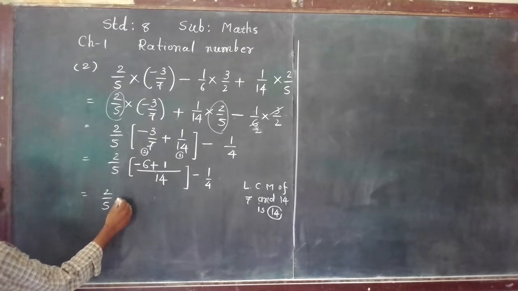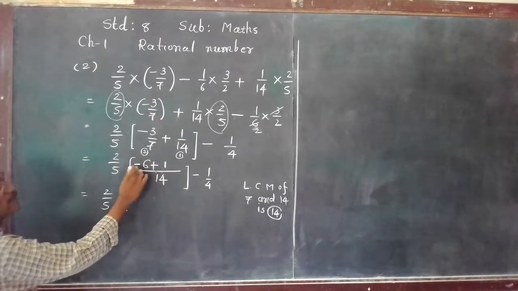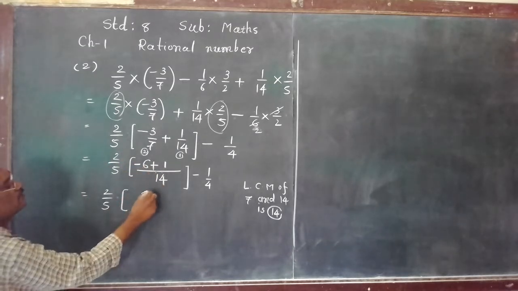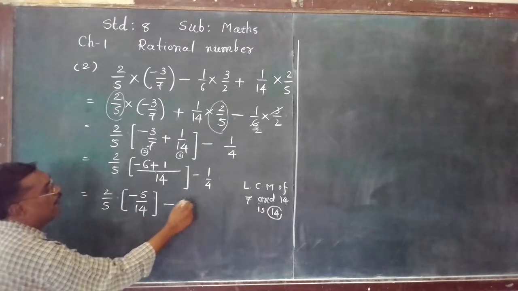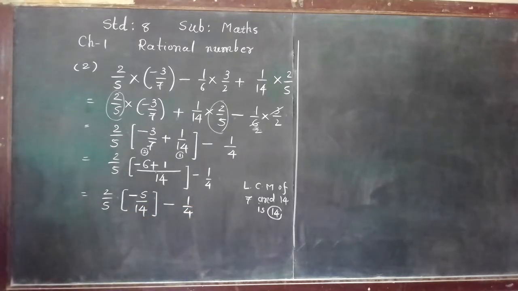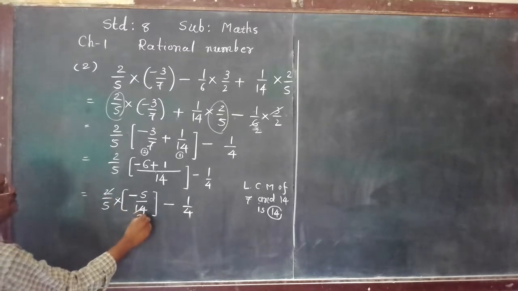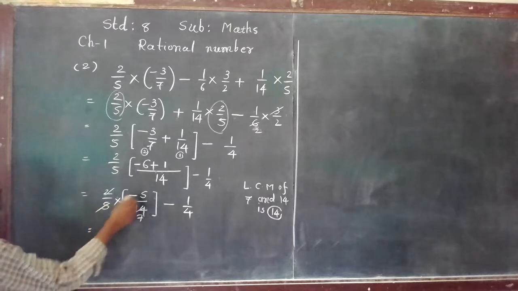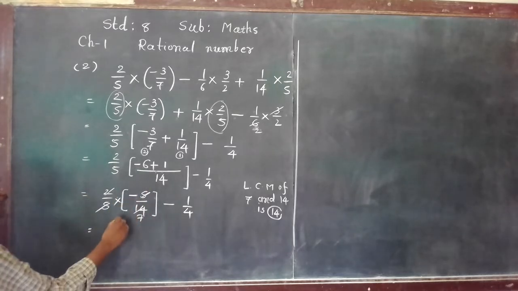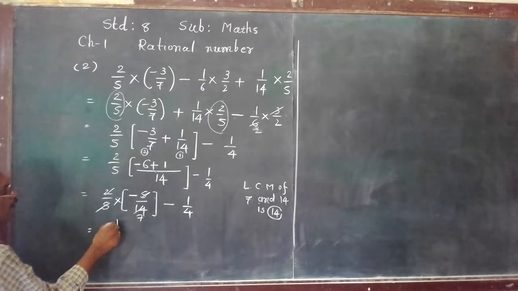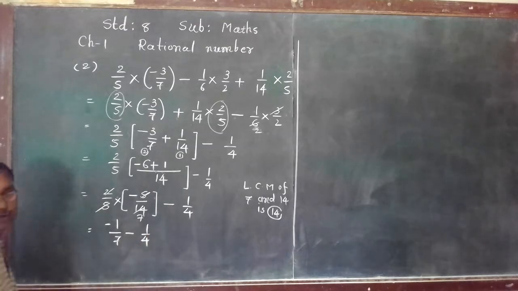2 upon 5 multiply minus 6 plus 1. Subtraction, 6 minus 1, that is 5, minus 5 upon 14 minus 1 upon 4. Here we can understand multiply. So 2 sevens are 14 and 5 fives are cut. So there is no number in the numerator. We can write 1, that is minus 1 upon 7 minus 1 upon 4.